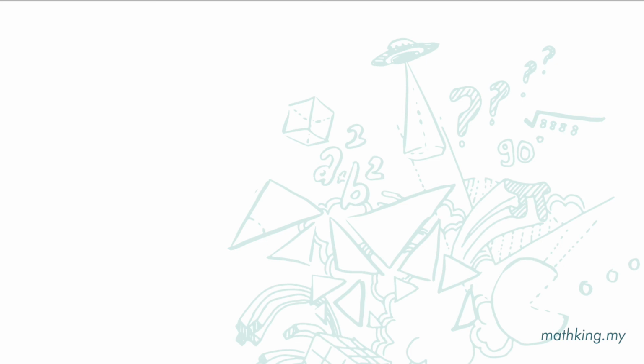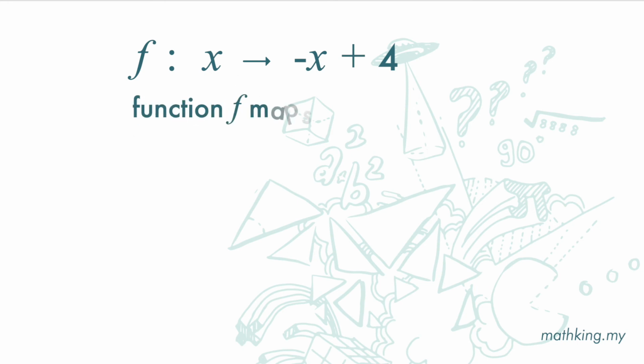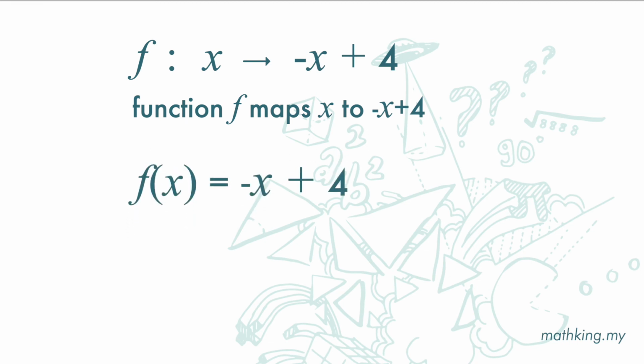If we have this, this one means that this function f maps x to negative x plus 4. For this one, it is read as negative x plus 4 is the image of x under the function of f.